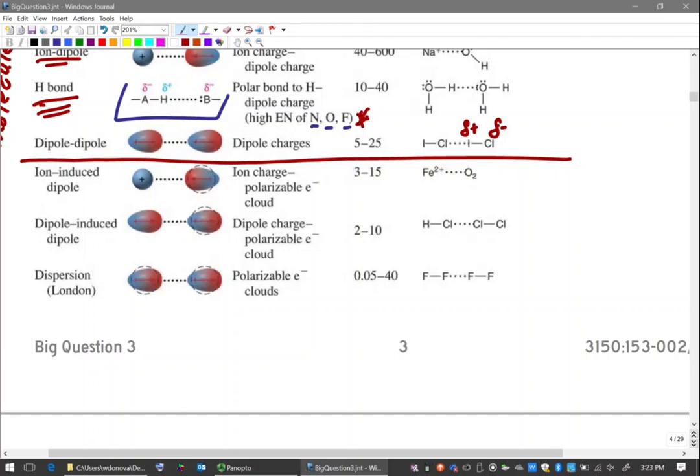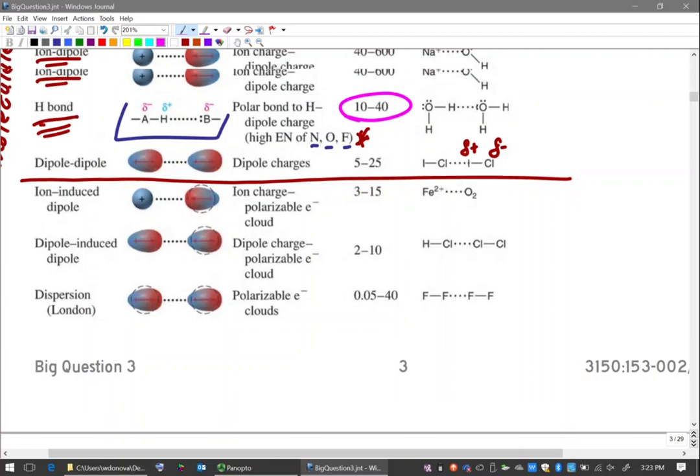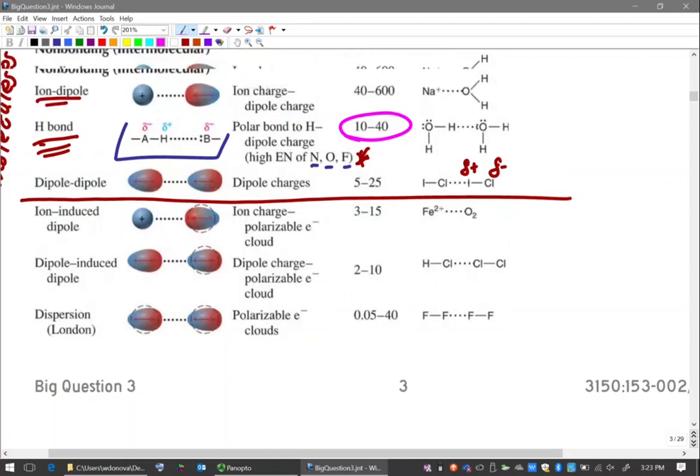Now, the other thing to notice about the hydrogen bonding is the energy of the hydrogen bonds on average is a few dozen kilojoules per mole, which is important. If you compare that to other intermolecular forces, including ones we haven't yet talked about on the table, it's generally more, right? Many of them are less than 10 kilojoules per mole.